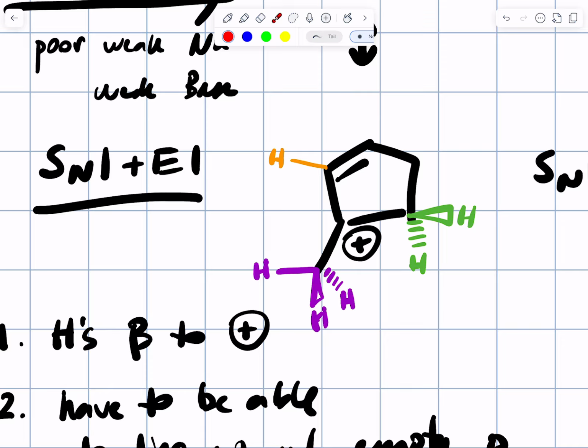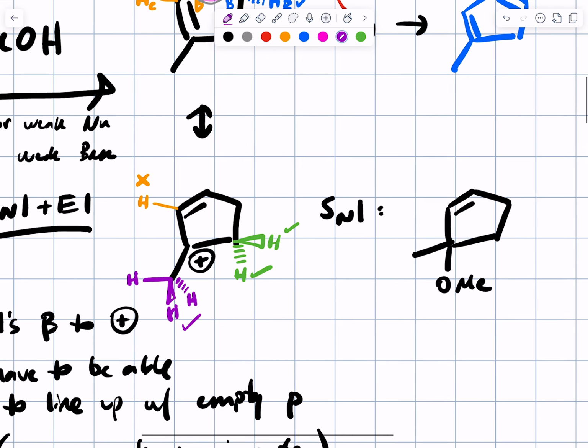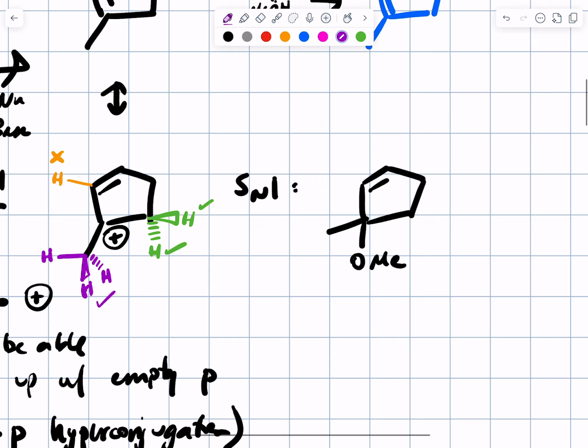I'm not going to draw that empty p orbital on this intermediate. I'm assuming that you can visualize in your head that it's above the plane of the page and below the plane of the page. I'm assuming that you can see how either of the green protons could line up with that empty p orbital, not the vinyl proton, and then by rotation around the carbon-carbon bond here, any of these methyl protons in purple could line up with the empty p orbital.